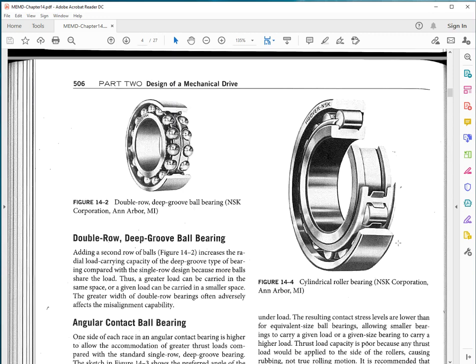The cylindrical roller bearing is clearly even stiffer because of the geometry of the rolling elements to begin with, but they have higher load carrying capacity because of the type of contact. So instead of having point contact between the races and the rolling element, here the contact is a line. They don't have any thrust load carrying capacity.